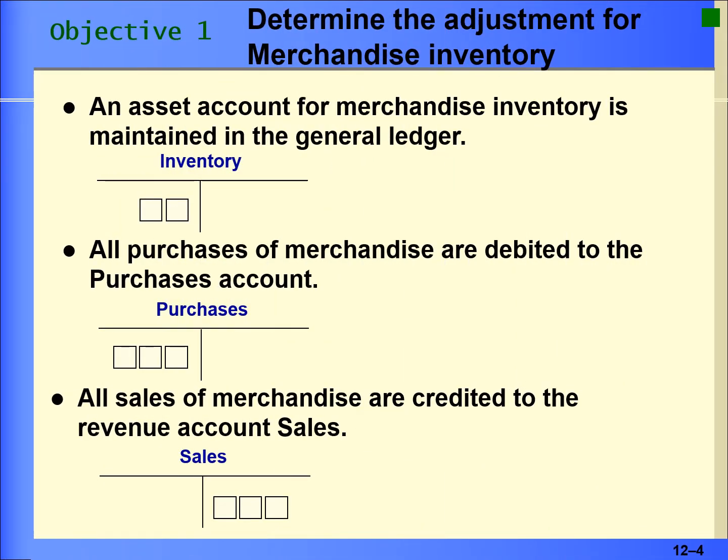Based on some of the accounts we've been using here, you might have to do an adjustment for inventory. An account you use for inventory in the ledger is called Inventory. In terms of the accounts we use to buy inventory, if you recall from previous chapters, we had the Purchases account to actually buy the inventory, and of course you have your Sales Revenue account when you sell the inventory.